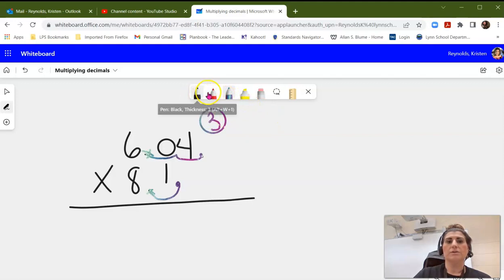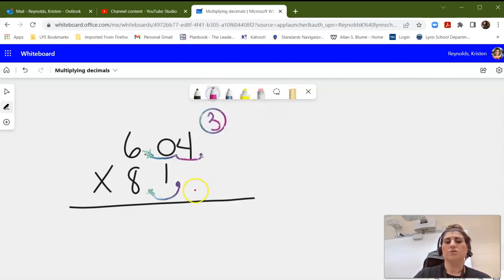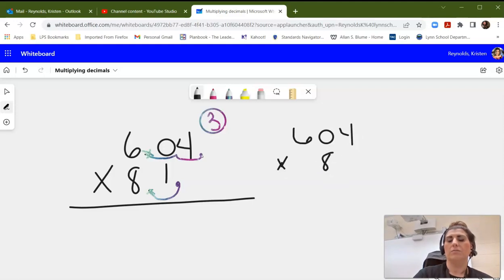All right, so now I'm going to solve this problem, but I'm going to rewrite it because currently it is not in the correct place values. So I'm going to rewrite my problem, and it's 604 times 81.